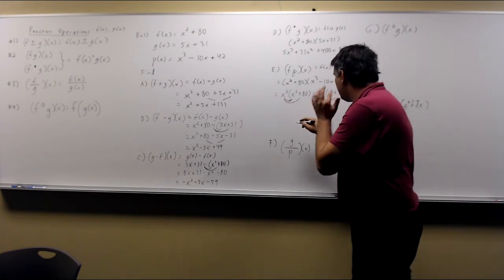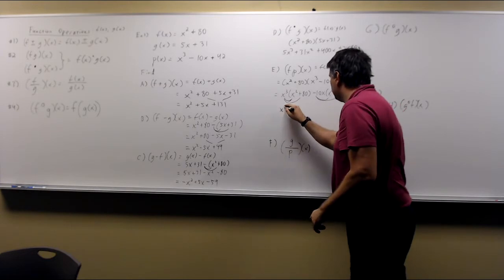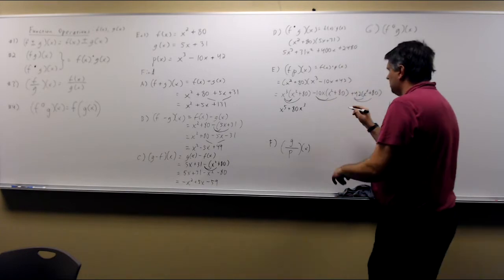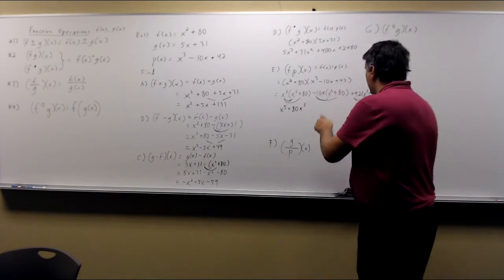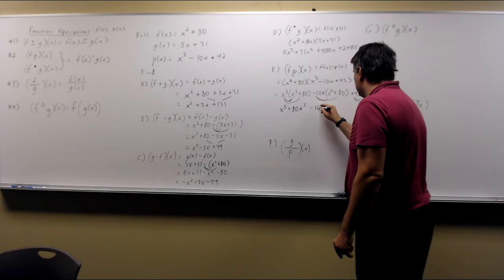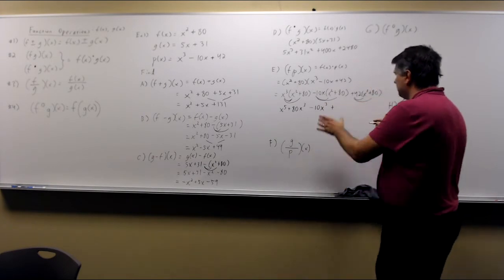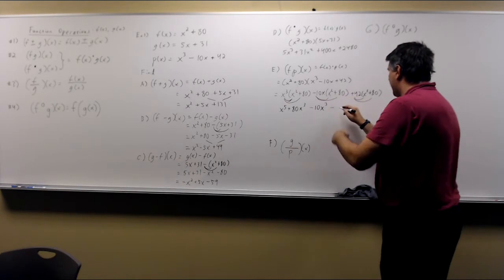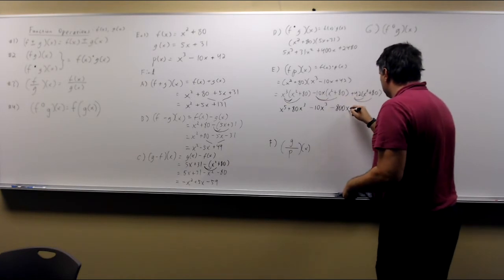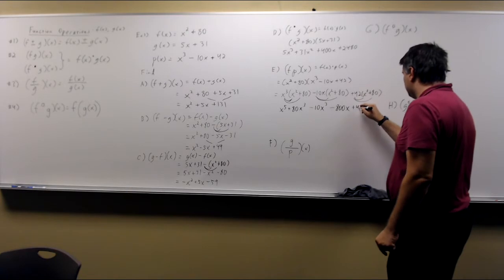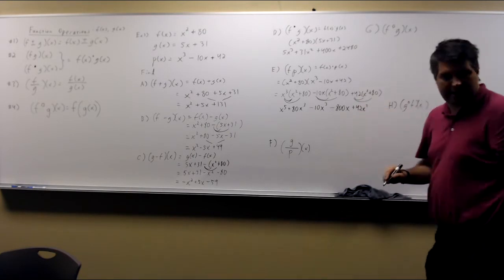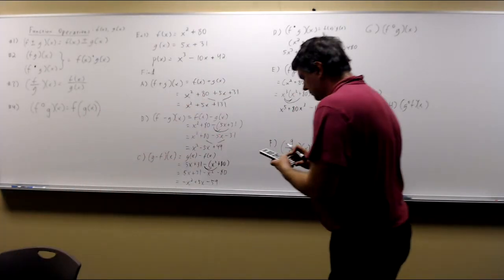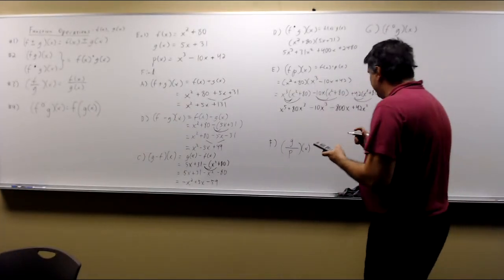So that's going to be x to the fifth plus 80x cubed minus 10x cubed minus 800x plus 42x squared, and 42 times 80 is 3360.